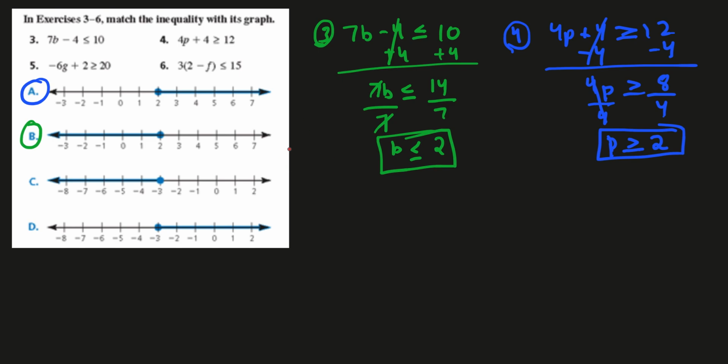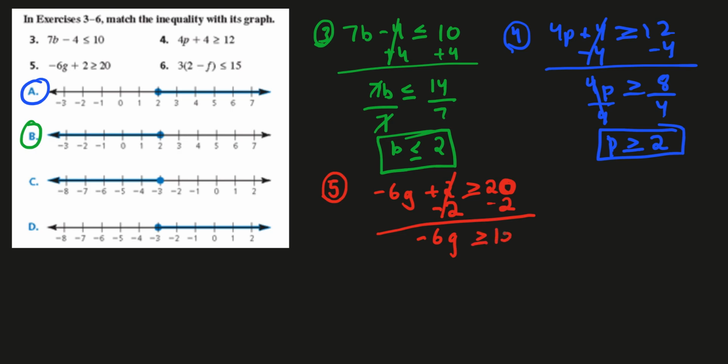Okay, let's go with number 5 here. Number 5 says -6g plus 2 is greater than or equal to 20. First we can subtract 2 from both sides. This gives us -6g is greater than or equal to 18. Then we can divide by -6, not -6g.